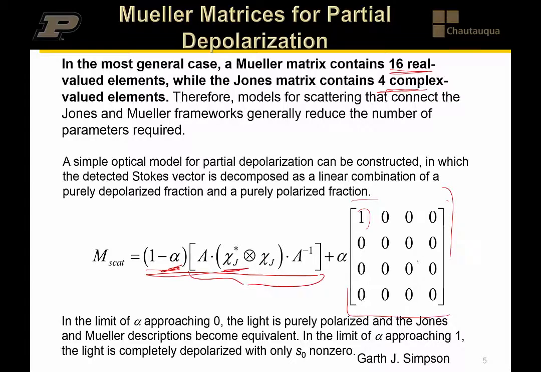If we use this model, we start out with the 4 complex terms in the Jones description, and then we add a single real-valued scalar for alpha. That really only adds a small additional amount of complexity to the number of elements that we're trying to pull out, and yet from that, we can recover all 16 elements in the Mueller matrix. So the advantage of using a model for describing this is really one of simplicity and parameter reduction. All right, and that's where I'll stop for now, and we'll head into the next topic next.